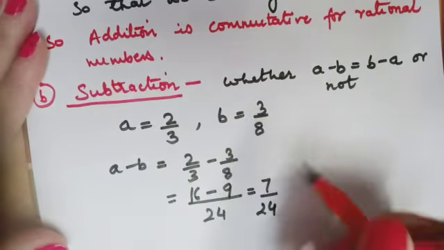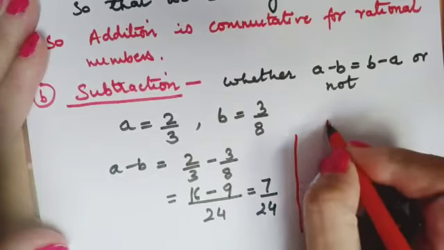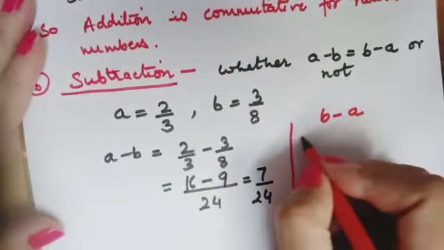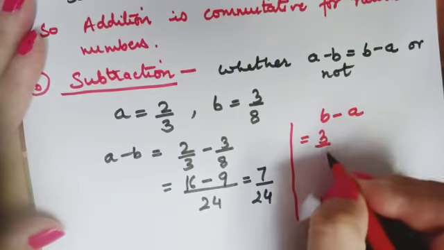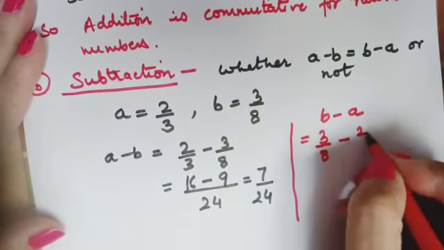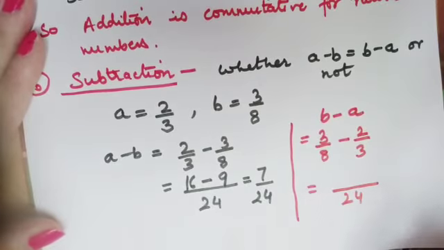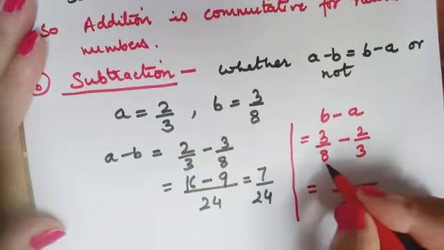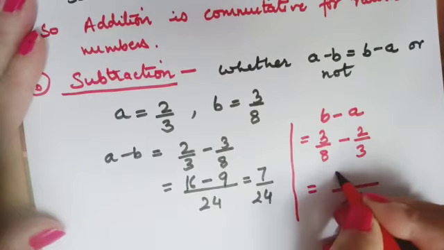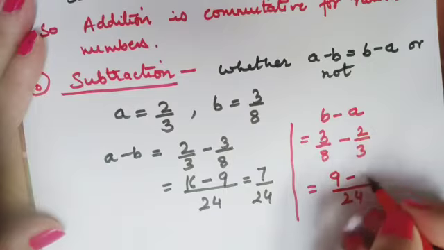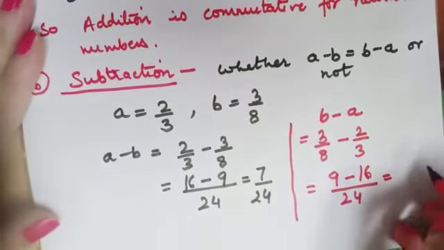Again we will check for B minus A. For B minus A, 3 by 8 minus 2 by 3. LCM is 24. 8 3s are 24. 3 3s are 9, minus 3 8s are 24, 8 into 2 is 16. What will be the answer?